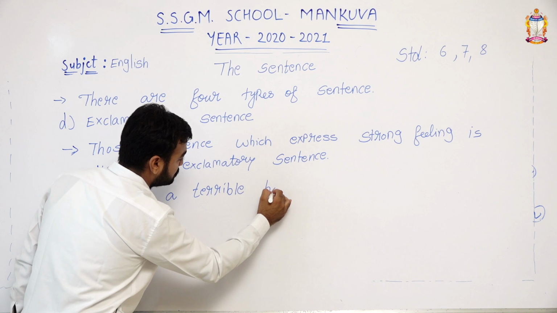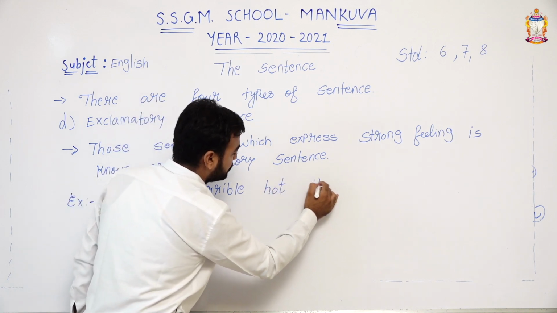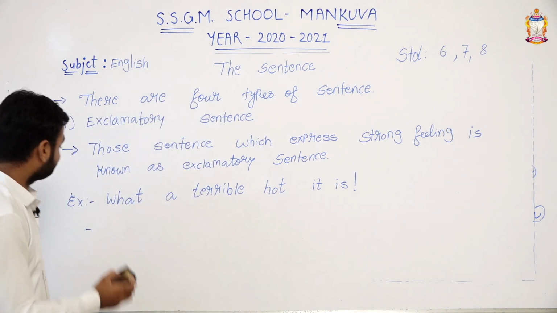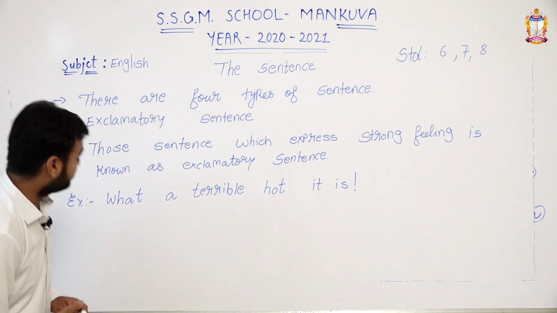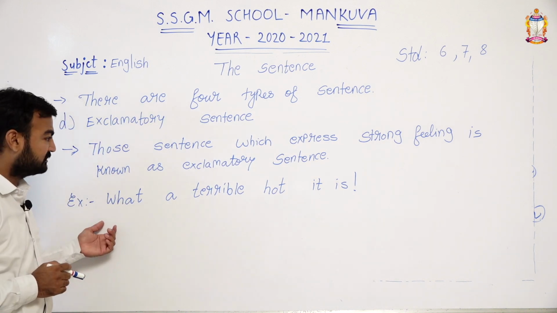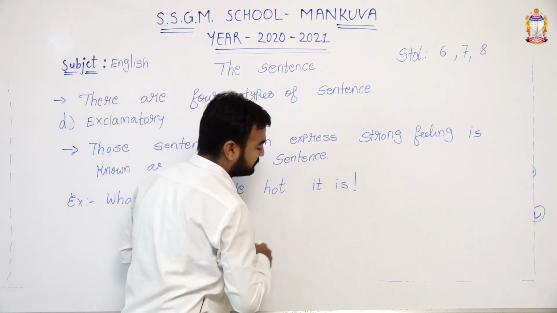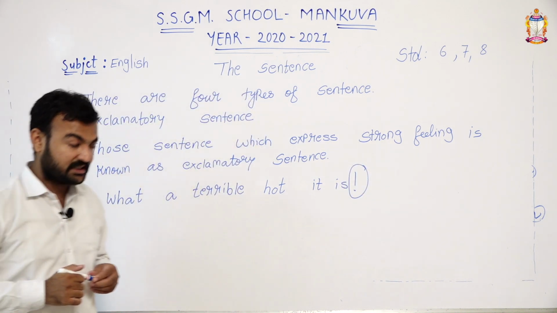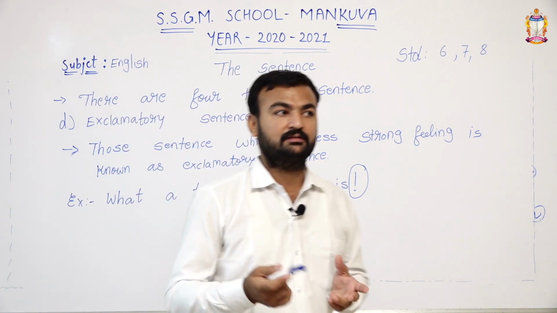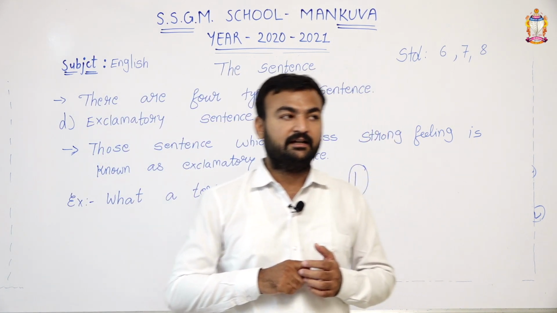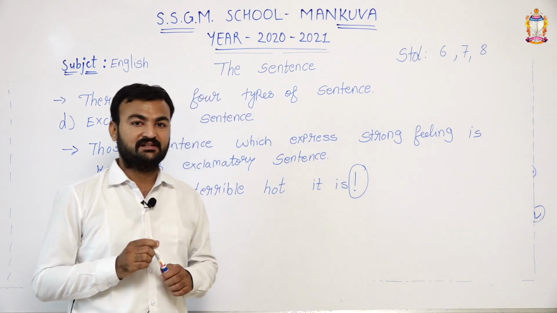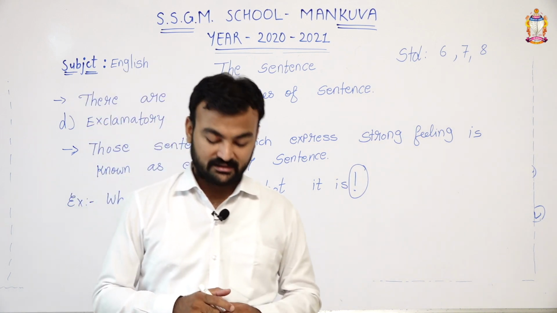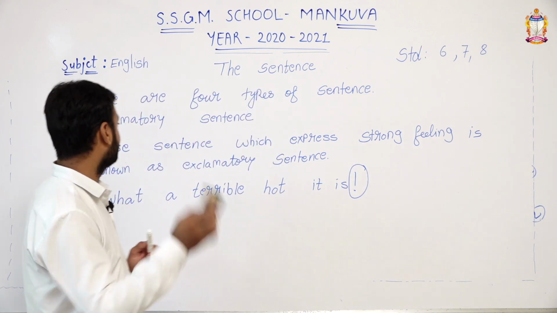Now see, over here the sentence begins with a capital letter and ends with an exclamation mark. We learned in the definition that a sentence always begins with a capital letter and ends with a full stop, question mark or exclamatory mark. So we have learned all these types of sentence. Now let's move forward.